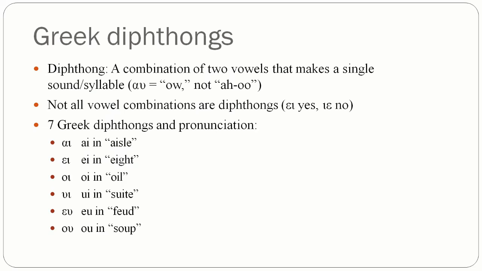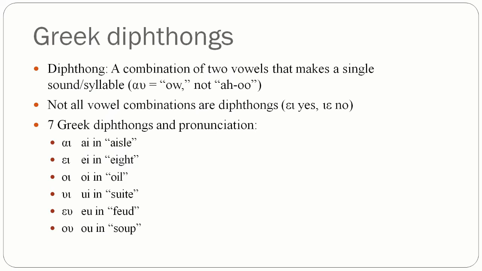So get those down really well. In some of the quizzes that I would normally give for the first chapter, some of the exercises would be to identify diphthongs. I'd put a bunch of combinations of vowels out there.